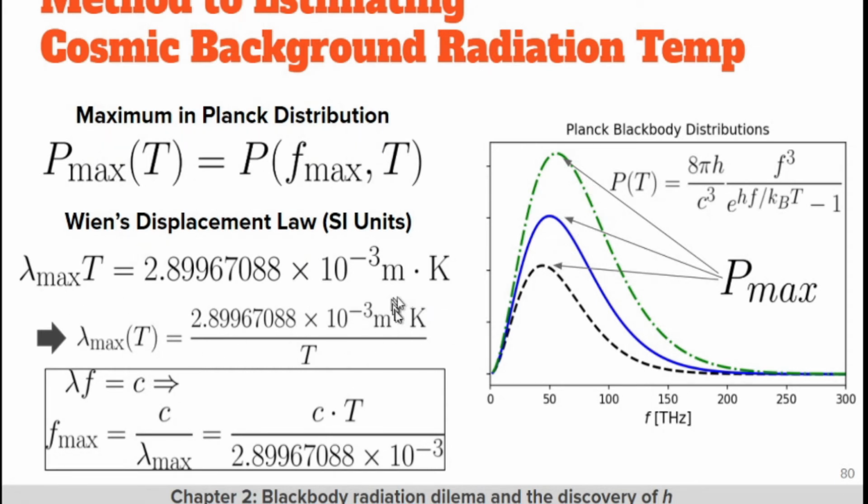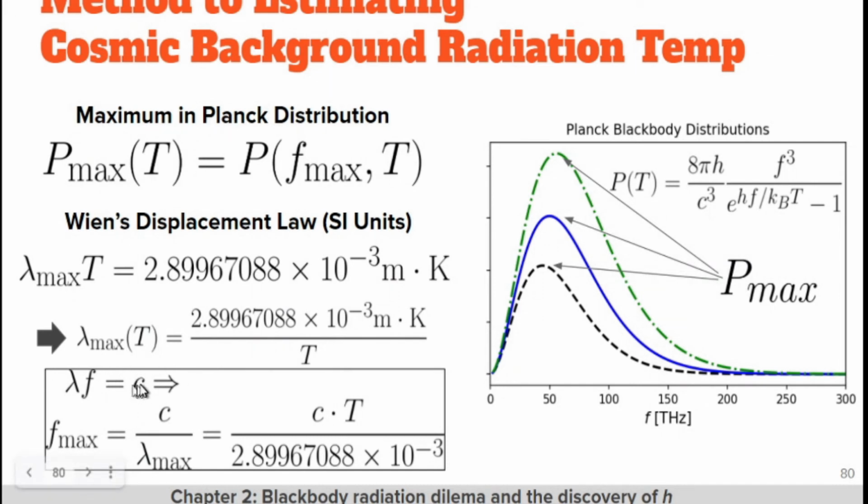All right, so this is in SI units. The location of the maximum, or the wavelength where the maximum occurs, that's what we mean here by lambda max, is inversely proportional to the temperature. It's just a constant divided by T, the temperature. We can also use the relationship between wavelength and frequency. This is specific to photons: the wavelength of a photon multiplied by its frequency gives us the speed of light.